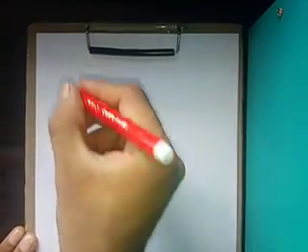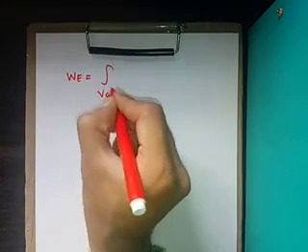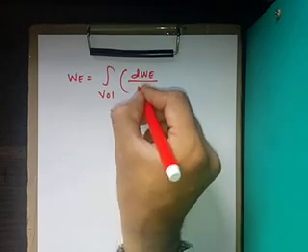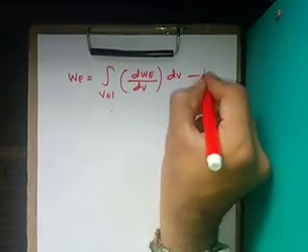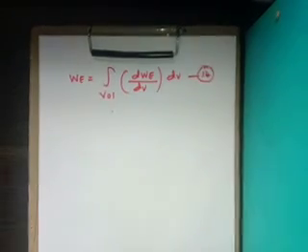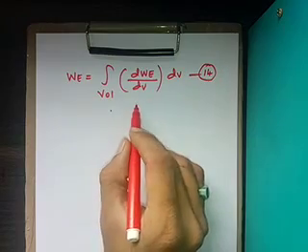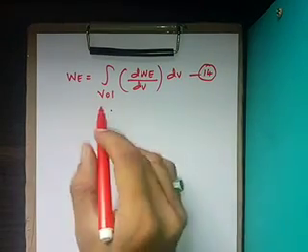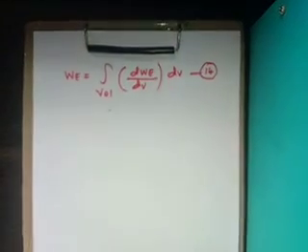WE is equal to volume integral dWe divided by dV into dV. Take it as equation 14. This is the equation which gives the total energy, because it's an integration, so it gives the total energy, right?